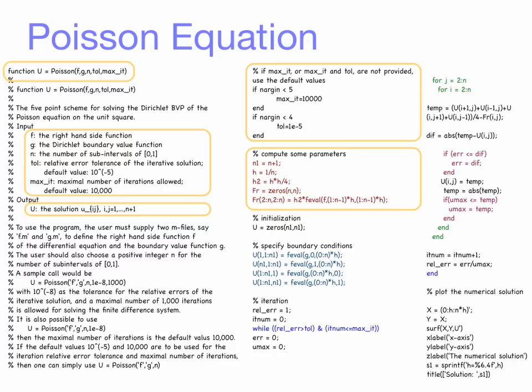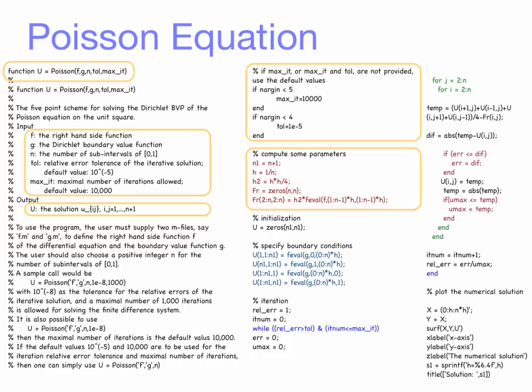And then we also fill in our driving function, the right-hand side function, f sub r, by using the user-supplied function, lowercase f. So we call that function with feval. We evaluate it at all the interior points, and we fill the results into f sub r for later use.